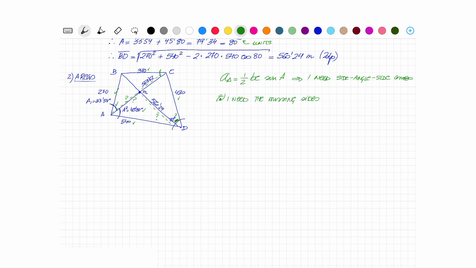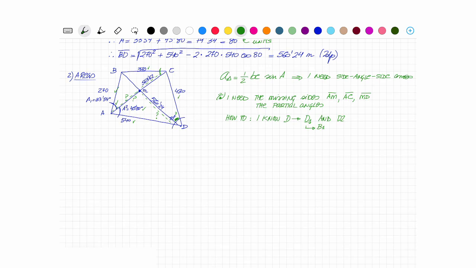So I think I need to find the missing sides between the corners and where the diagonals meet, and the partial angles. How am I going to do that? Well, I know angle D, so if I could find D1 and D2 with a cosine rule, and then with D1 I can find B1, the partial angle on the top, and angle B is on a triangle with 3 sides known, so I can find it. And then the difference is the remaining angle, B2, which then I can use to find C1, the piece that I realized in my tiny diagram that I was missing.